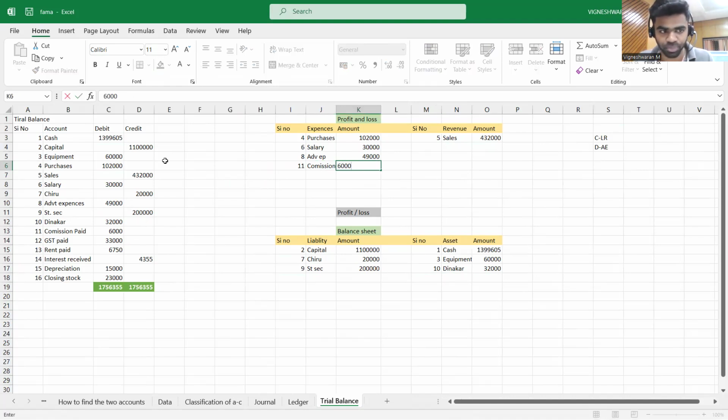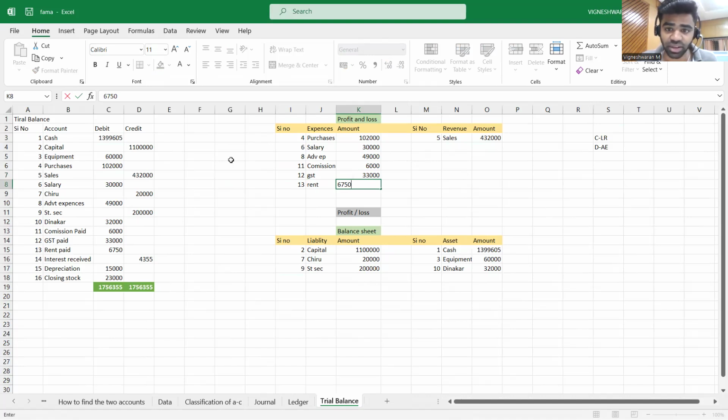Then GST paid, that is also an expense, 33,123. Rent paid is also an expense. Rent is 6,750.